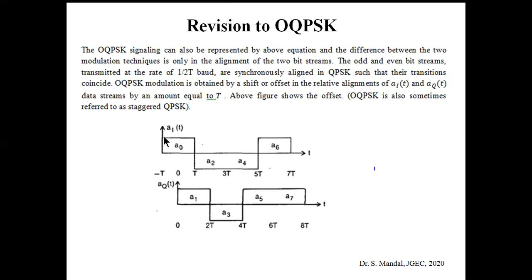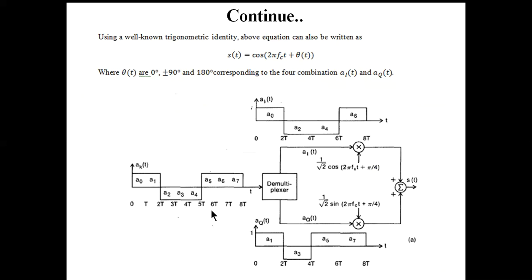Here you can see that AIT has initially started from -T to T seconds, whereas AQT has started from 0 to 2T seconds. The concept is that the initial bit is A0, and after that A1 has started, so obviously A1 starts after T seconds.